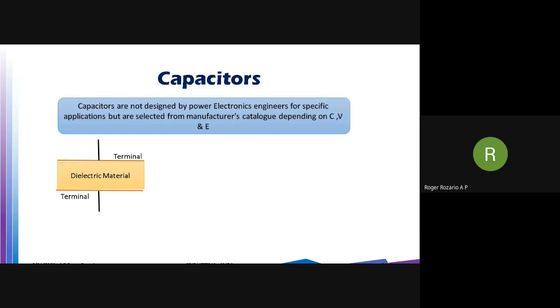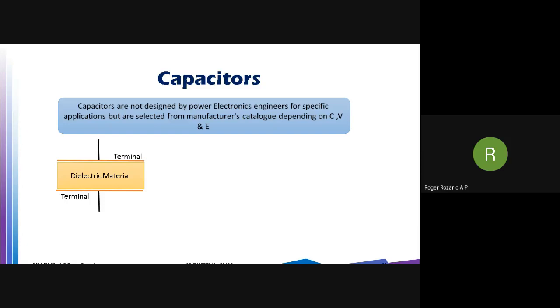Before going to choosing the capacitors, we should understand the construction of these capacitors. There are two terminals, T1 and T2, and in between the two terminals there will be a dielectric material. The charge gets stored between the two terminals, inside the dielectric material, and the accumulation of charge between these two terminals is the property by which the capacitor stores the energy.